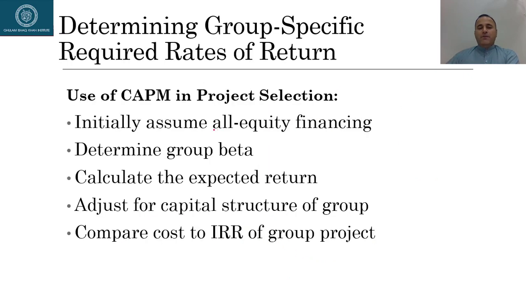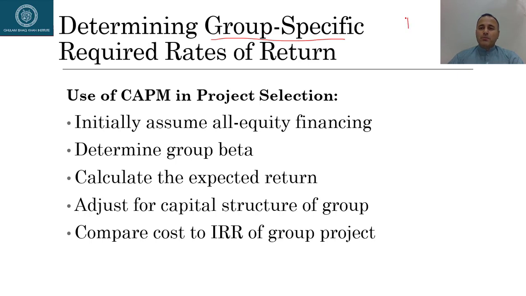Now, we considered a project specific required rate of return, but sometimes we specify a group specific required rate of return, and the process of using CAPM for project selection in the case of group specific.